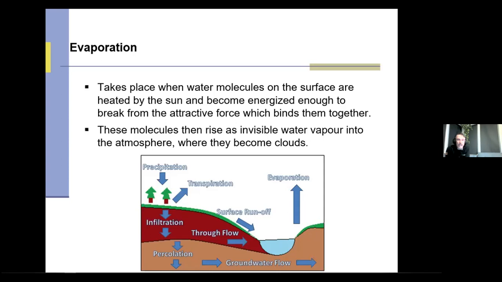They go into the atmosphere and form those clouds. Again, always remember that it can come as transpiration through those trees there, or evaporation from the surface water right here.